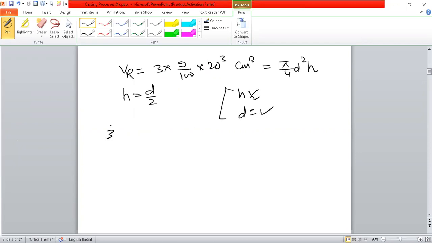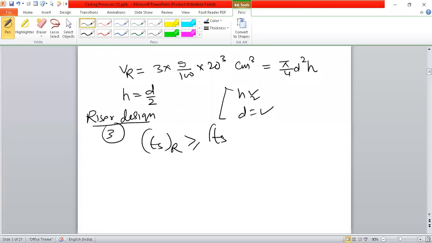But condition number 3 of the riser design. What is condition 3? That solidification time of riser must be equal to or greater than solidification time of casting. This is the condition, right?